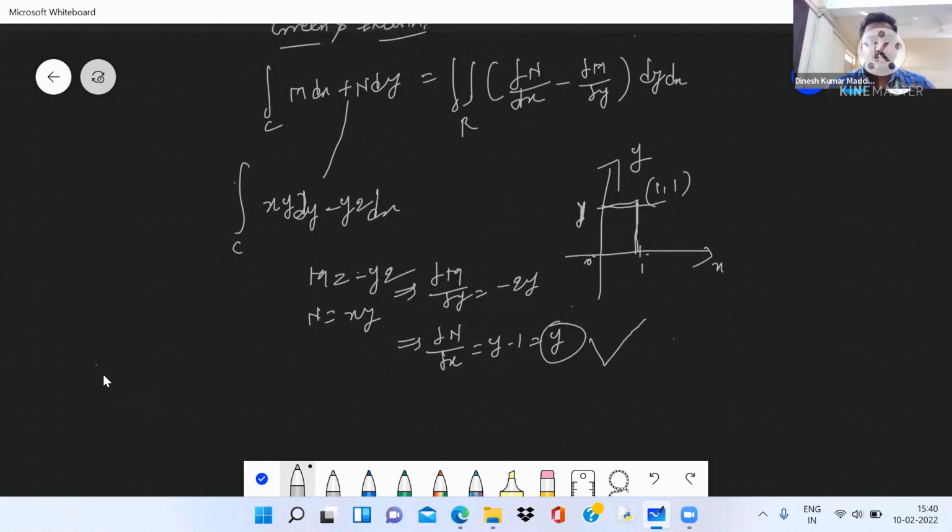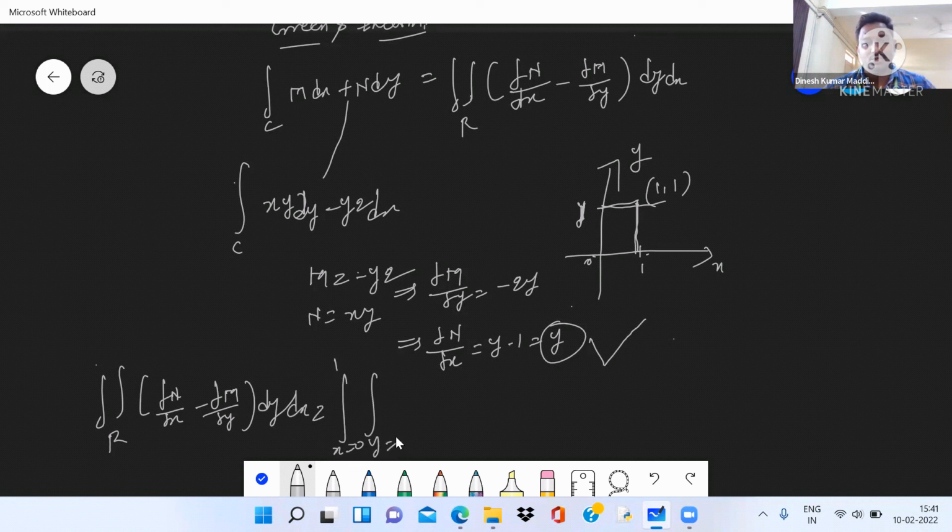Then double integral over the region dou n by dou x minus dou m by dou y dy dx, integral over x equal to 0 to 1, y is equal to 0 to 1.